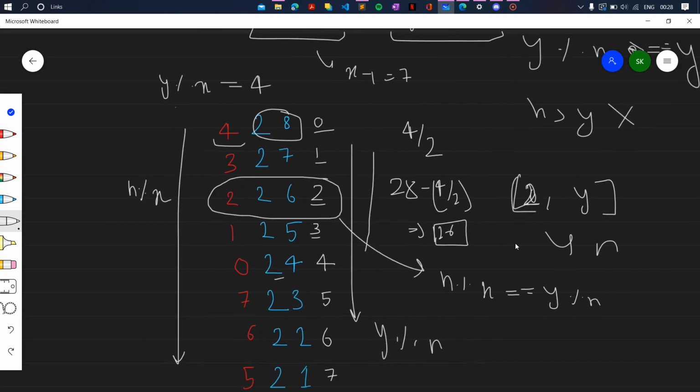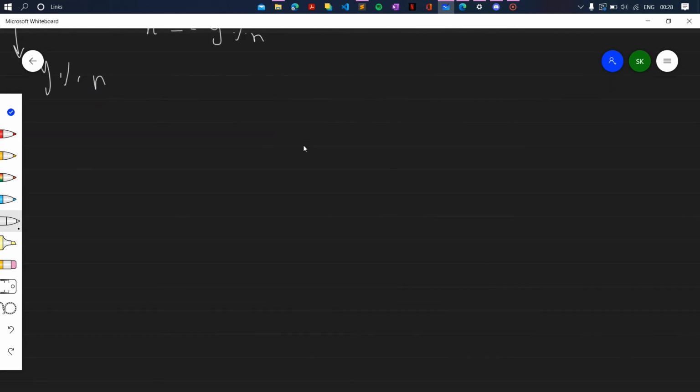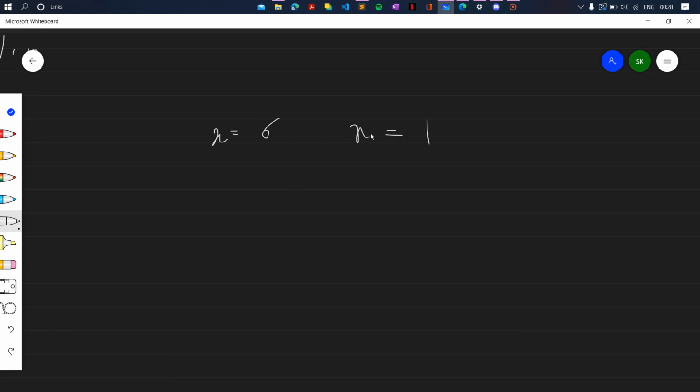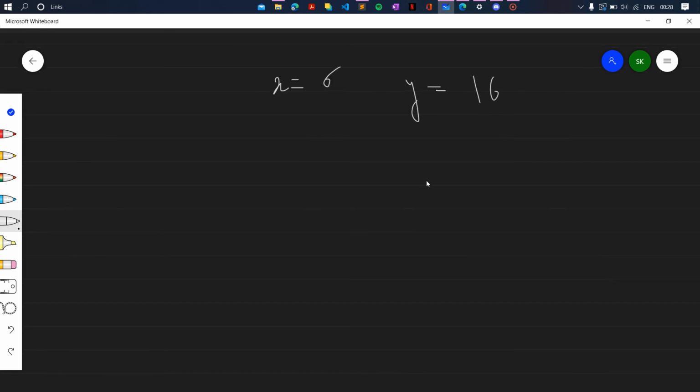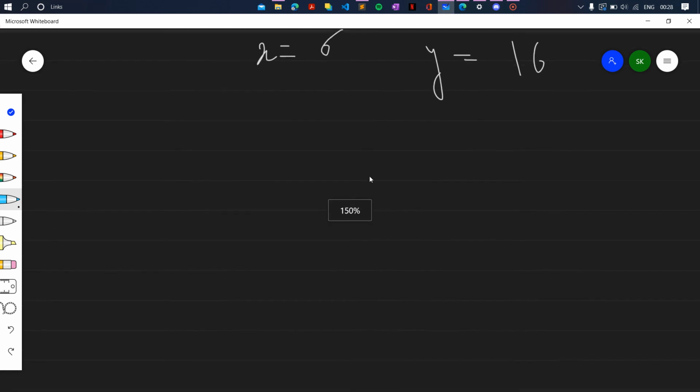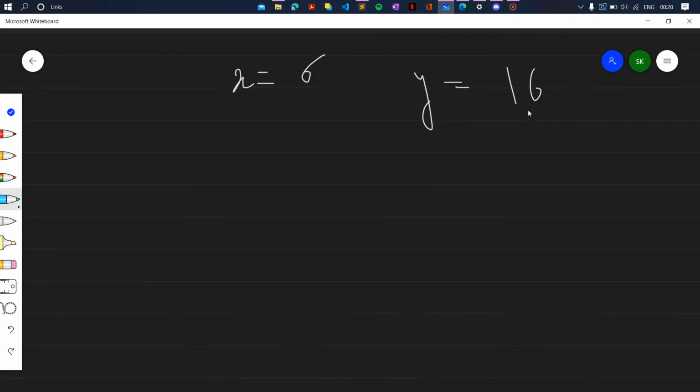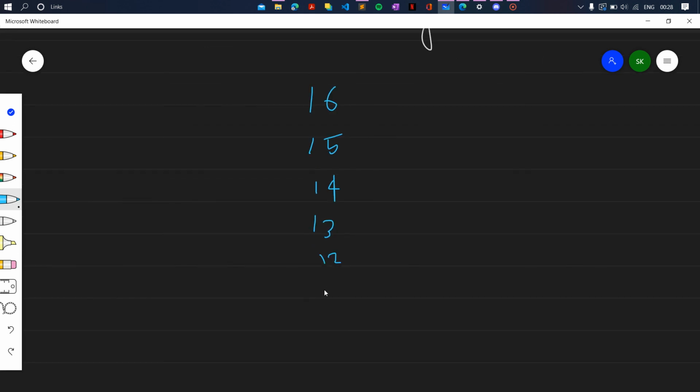If we take another test case, for example 6 comma 16, let's take x equal to 6 and y equal to 16. Let's make a table real quick. We'll take 6 numbers from 16 downward: 16, 15, 14, 13, 12, 11.